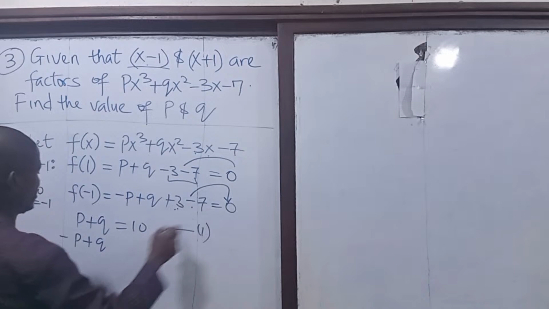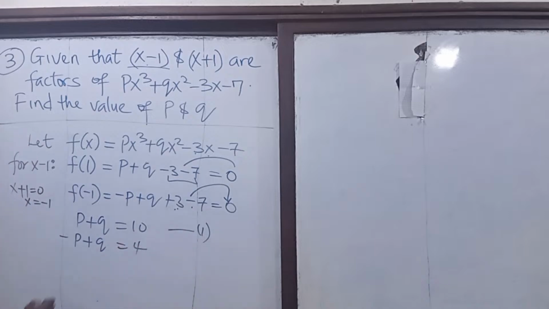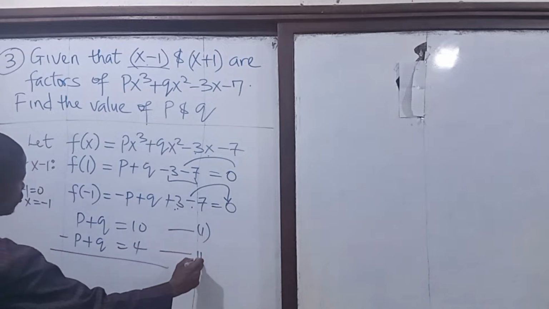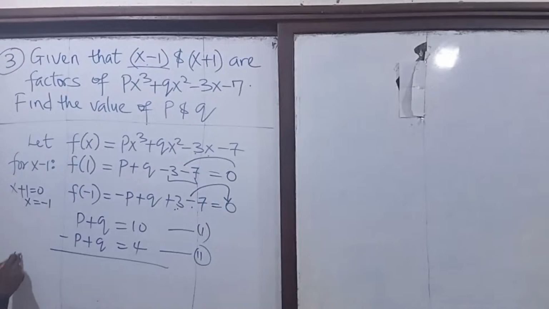Shift it to the other side, making what? 4. Then equation 2. Can you add equation 1 plus 2? If you add 1 plus 2, p plus minus p cancel. We have 2q equal to 14. So q is what? 7.